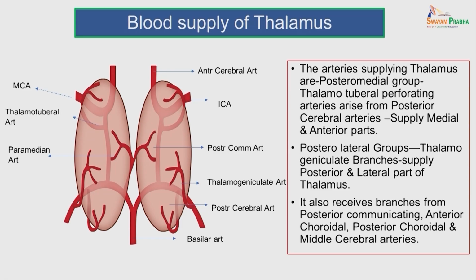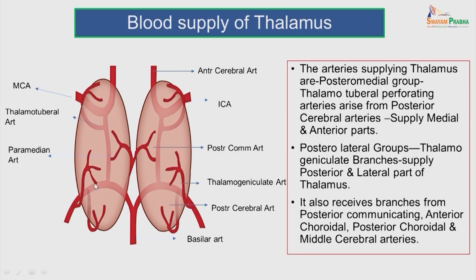Coming to the blood supply of the thalamus, it is supplied by the anterior-medial, anterior-lateral, posterior-medial and posterior-lateral groups. The arteries supplying it include the thalamotuberal artery, which are the perforating arteries supplying the substance of the thalamus on the posterior-medial aspect and the anterior and medial parts of the thalamus.